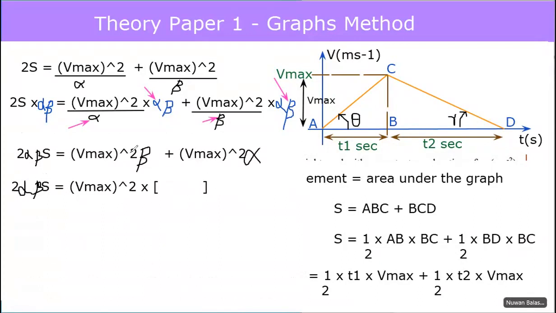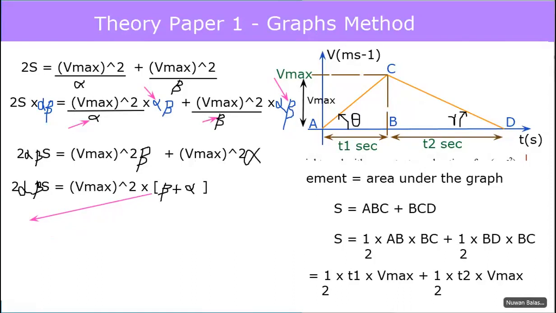We have taken V max square out, so beta will be there, plus alpha will be there. So beta plus alpha. In the next step, I'll take this beta plus alpha to this side, so V max square can be made the subject.